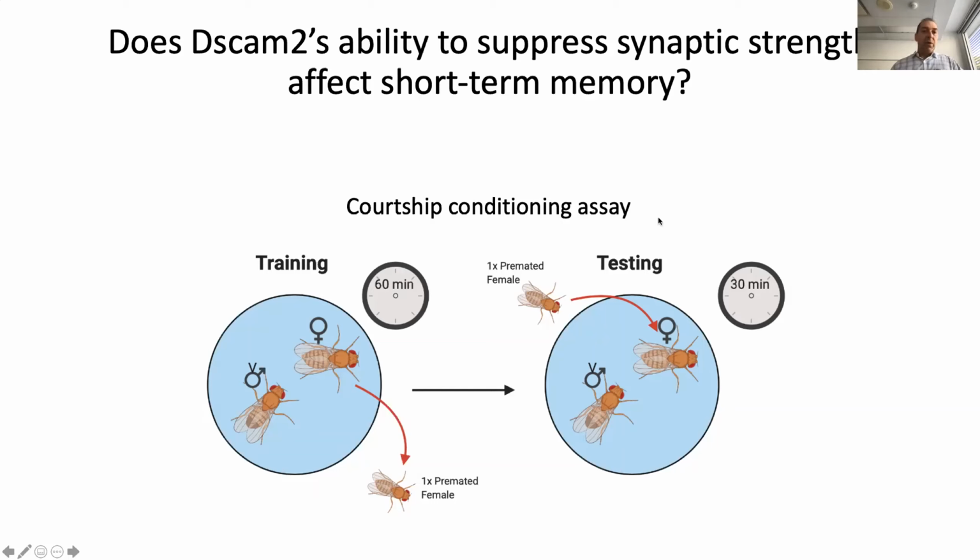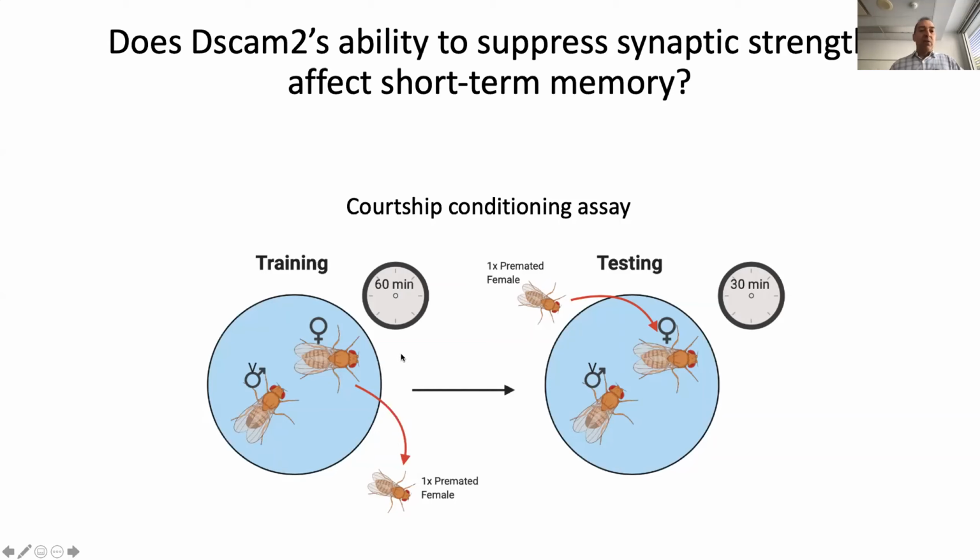It's called a courtship conditioning assay. And it's based on the natural mating behavior of male flies. So males are born with the ability to court females. They know how to do this pretty much as soon as they eclose from their pupal cases. And so what we do is we stick a male that has never seen a female before with a female that's already been mated.